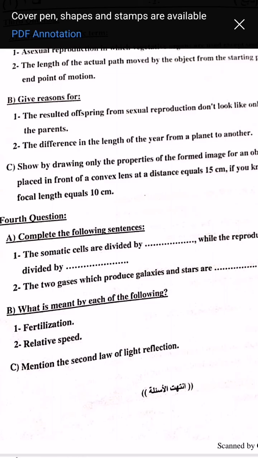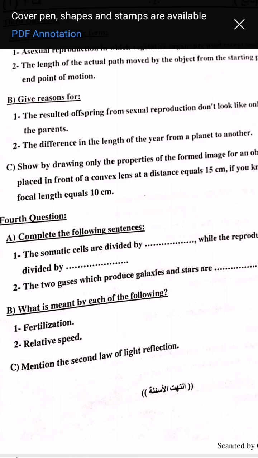Show by drawing only the properties of the formed image for an object placed in front of a convex lens at a distance equal 15 centimeter, if you know that the focal length equals 10 centimeter. Here we have to know the position of the object.